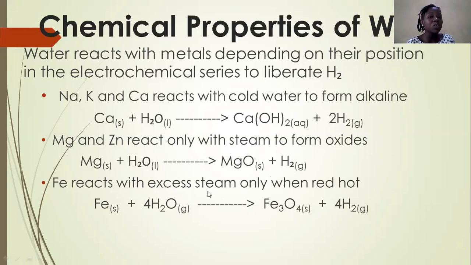If iron should react with steam when it is not red hot, the reaction will not occur. So iron will only react with excess steam when it is red hot to form this oxide of iron, which is Fe3O4. This is an oxide of iron.